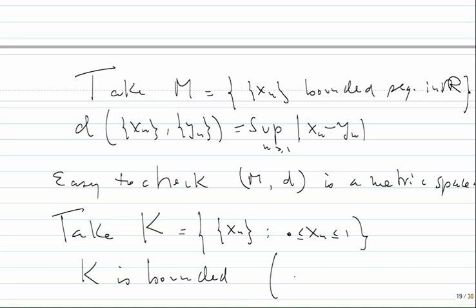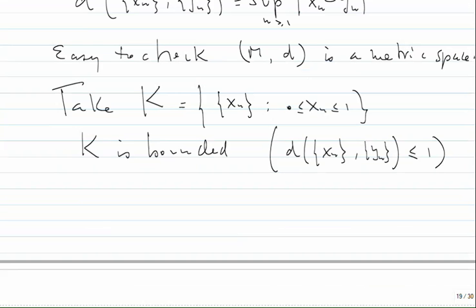Because if you take the distance between any two elements, you can show that this is less than 1. So the diameter of this set is less or equal than 1, in fact it's equal to 1. And so it is bounded, but it's not totally bounded. Okay? Indeed.